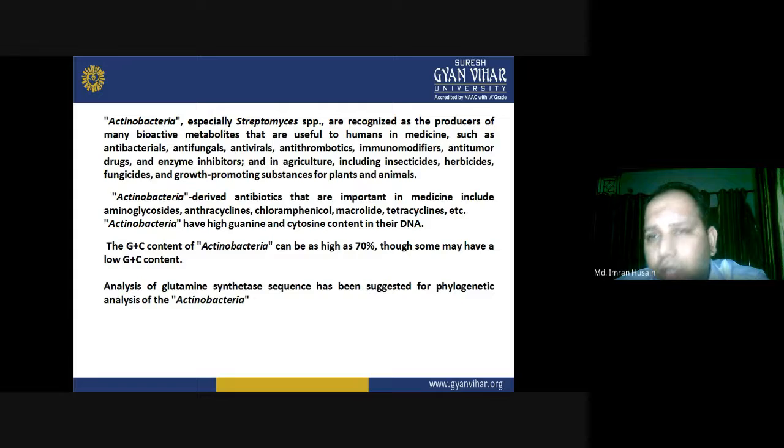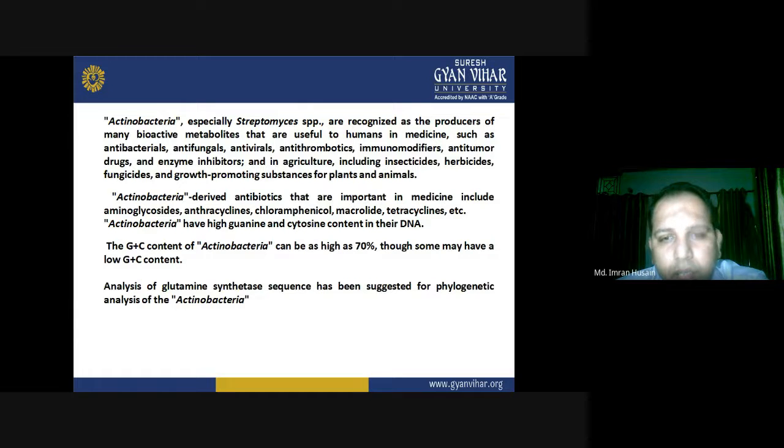So they have a large spectrum of beneficial and harmful substances, which can be helpful for humans but can also be poisonous to human beings.